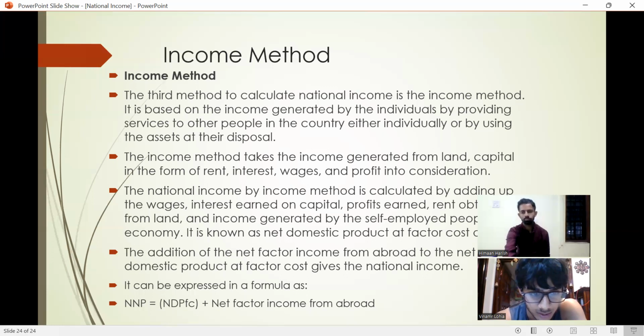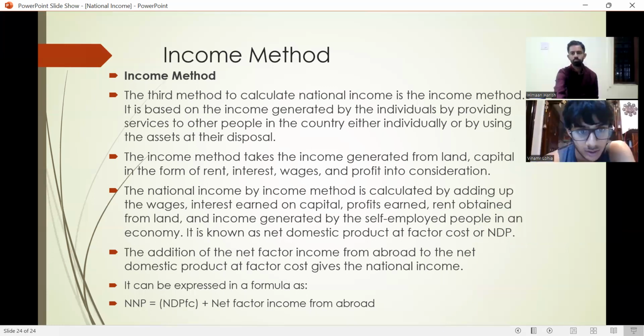It can be expressed as NNP is equal to NDP at FC plus net factor income from abroad, NFIA. So national income can be rent, interest, salary, wages and profit, which can be generated from land, capital, labor as well.